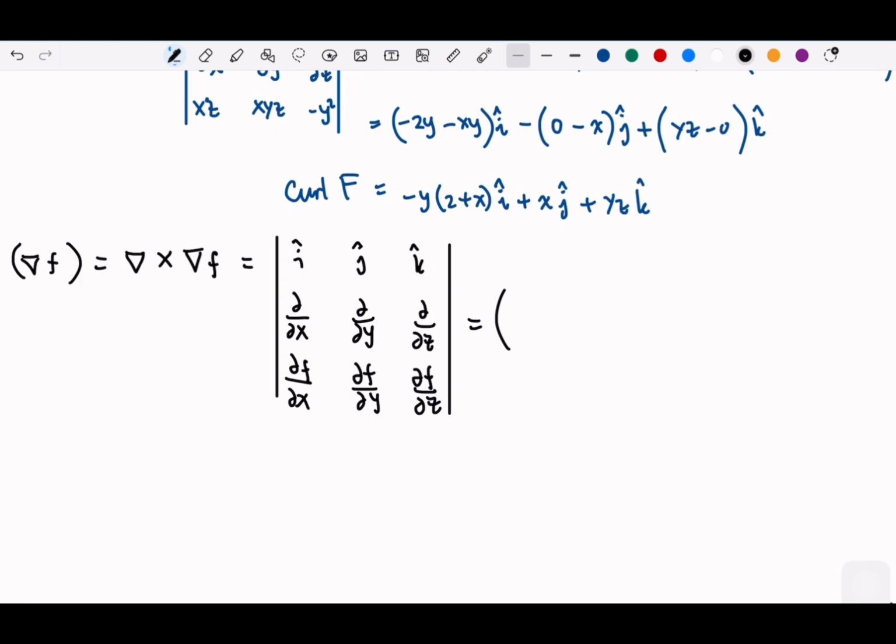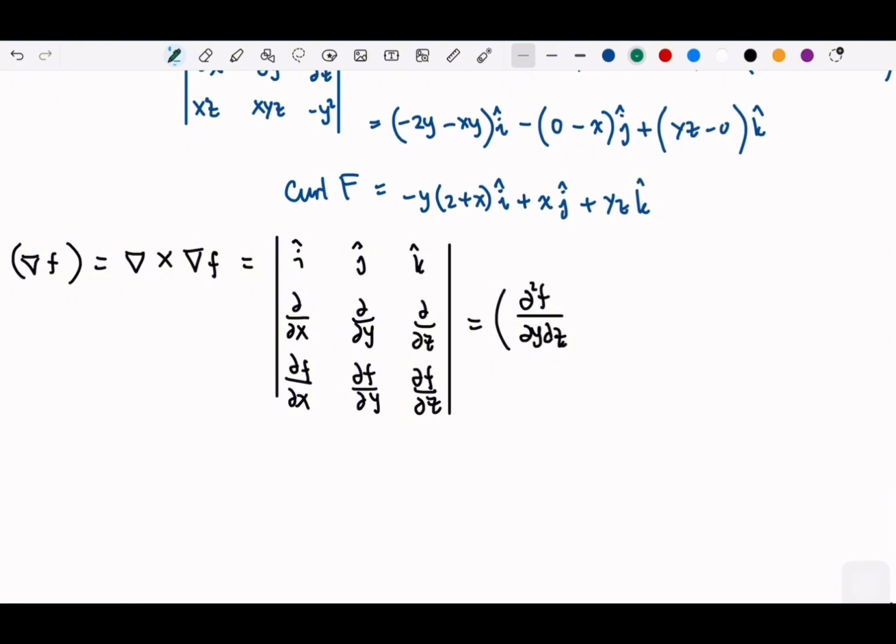So we have dou y dou z, which means this is partial from f. We take the z first and then y, right?